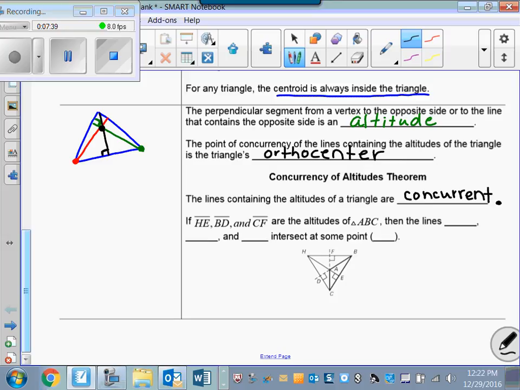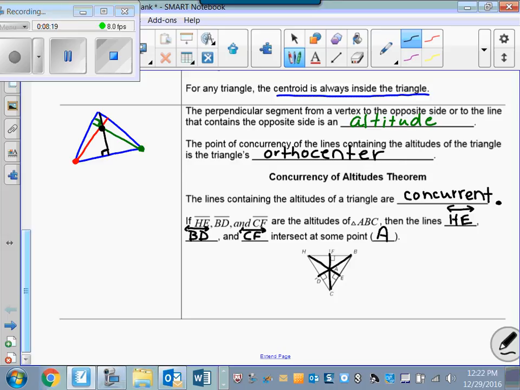All right, so here we go. If HE, BD, and CF are the altitudes of ABC, then the lines HE, BD, and CF intersect at some point we're calling A here.